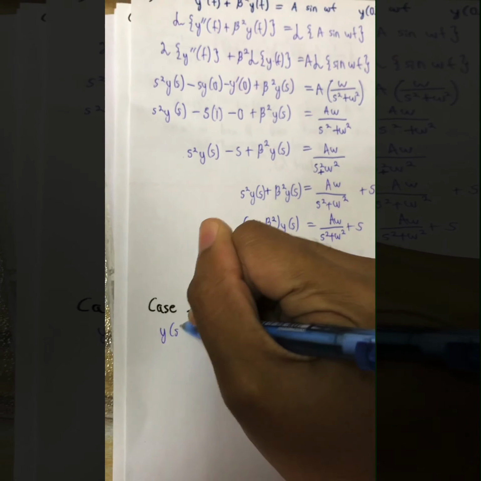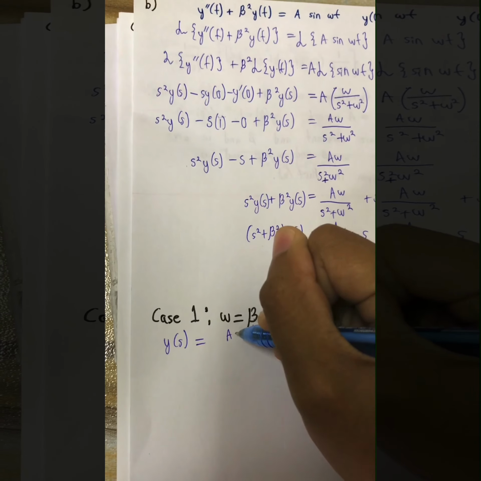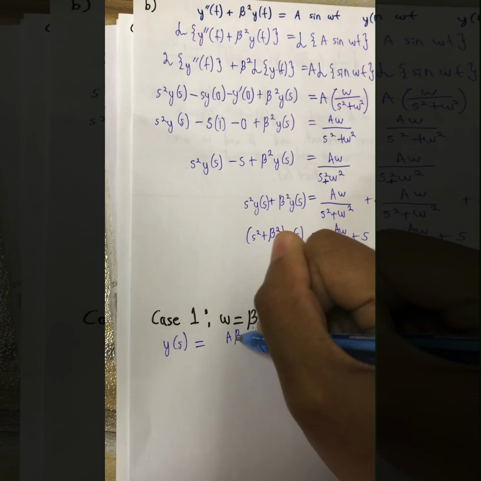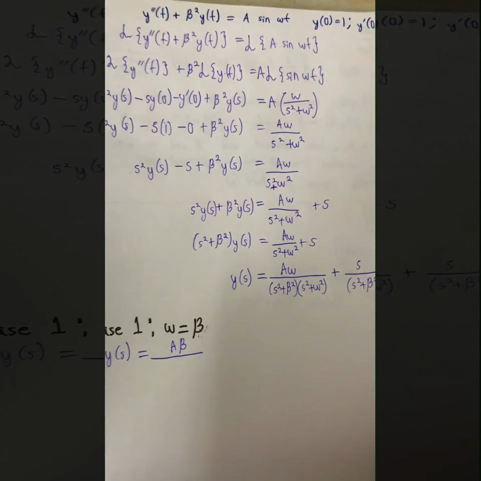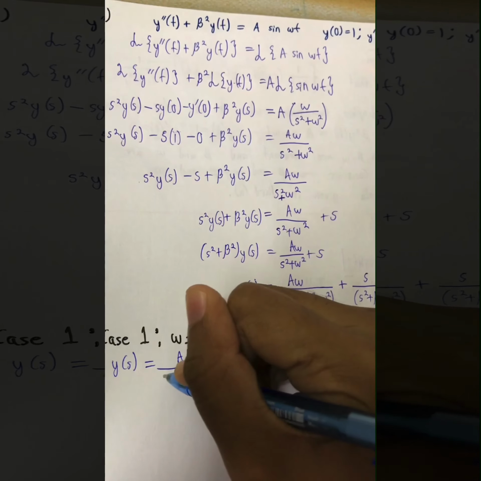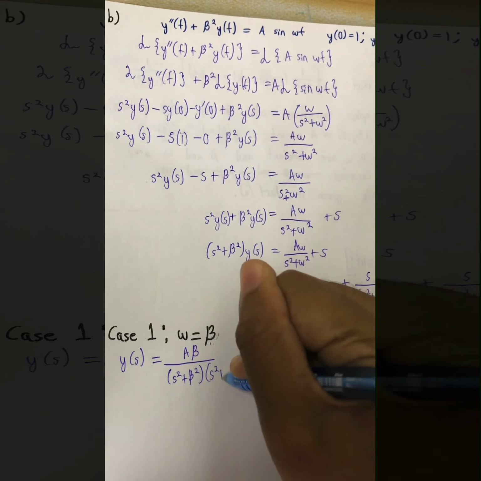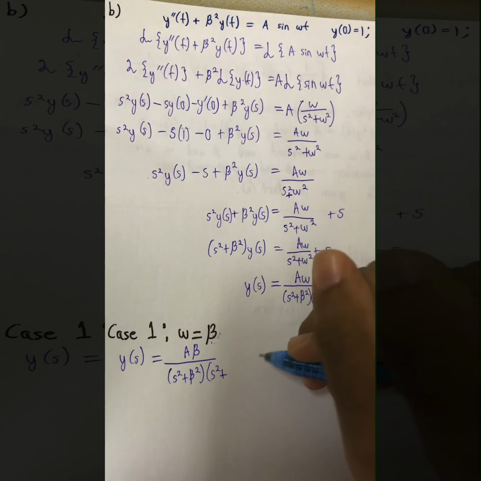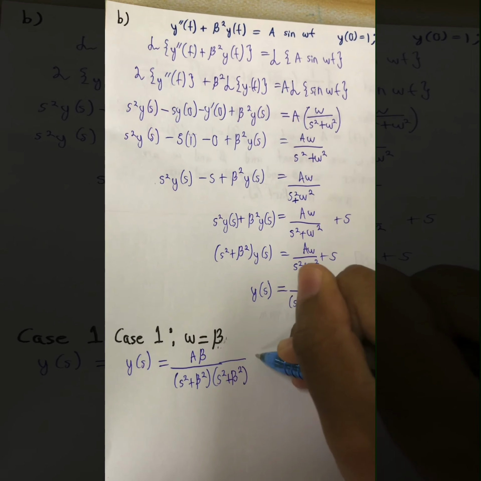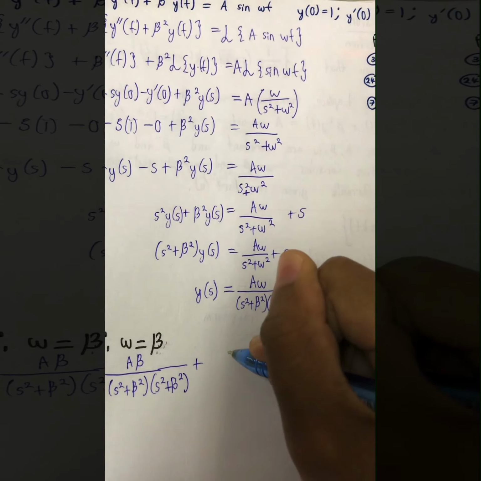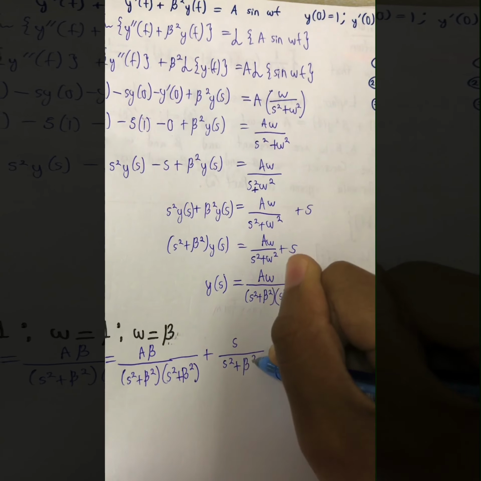Our omega is now beta, so Y(s) becomes a beta over (s square plus beta square) times (s square plus beta square), since omega equals beta, plus s over s square plus beta square.